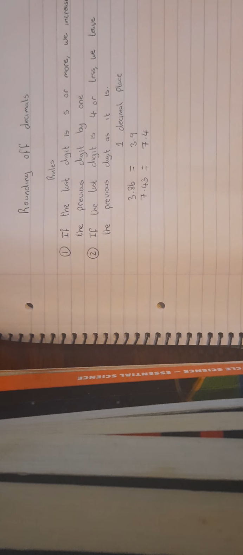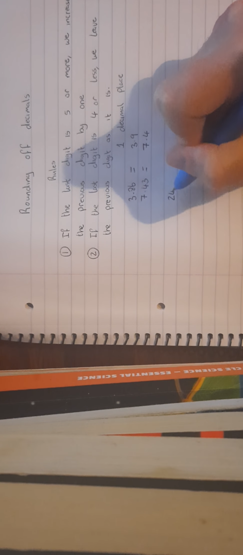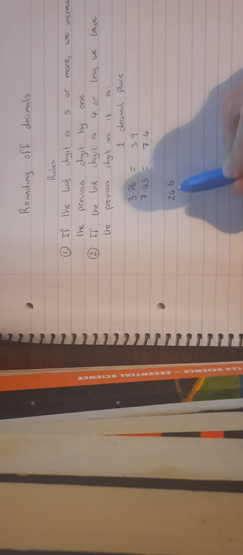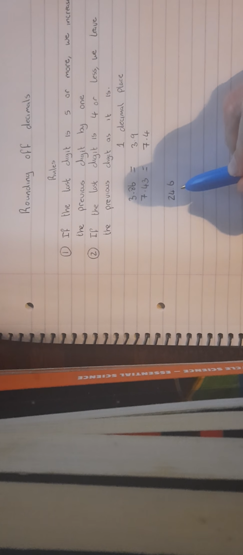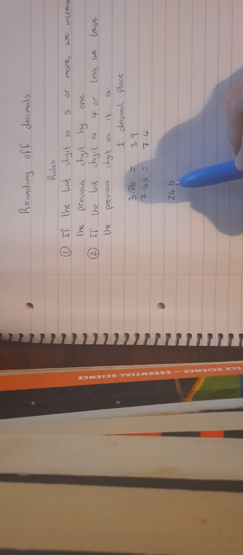So if we look at some more examples, let's say the number 24.6. We can see that there's a decimal place here. And what we're being asked to do is to correct this number to the nearest whole number. So that means we're not going to have any decimal place after it.